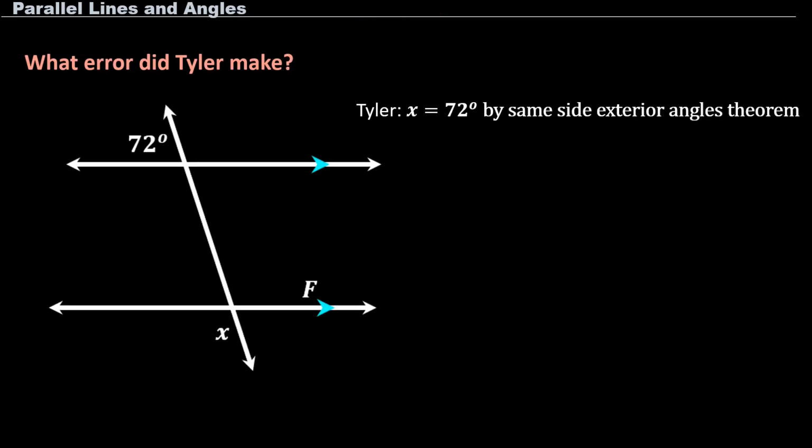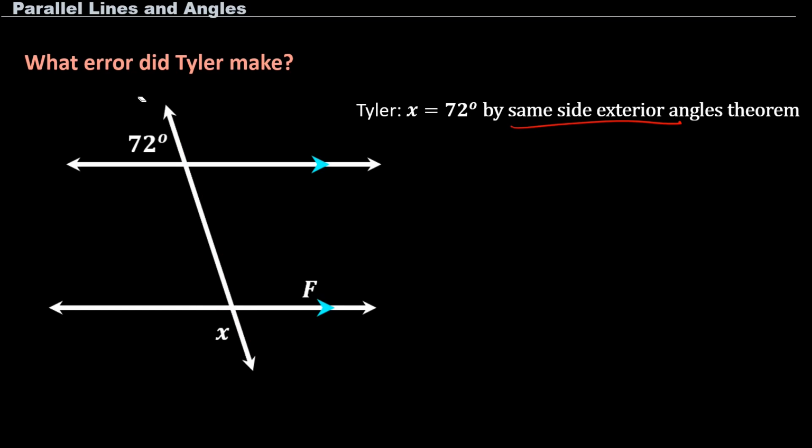So now we want to look at Tyler and figure out what error he made. Tyler says that x equals 72 degrees, so this down here, by same side exterior angle theorem. So Tyler is correct to use the same side because these angles are on the same side of that transversal and they're exterior. They're both facing outwards away from the parallel lines.